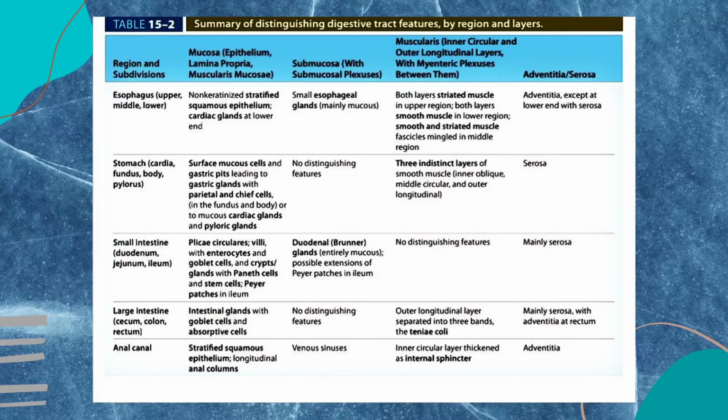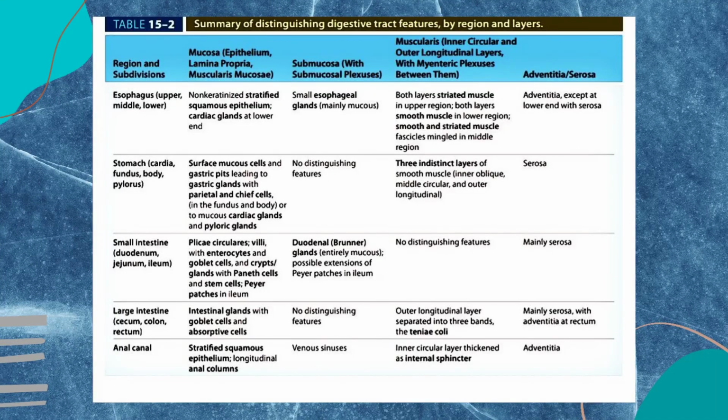The stomach has 3 distinct layers of smooth muscle that we mentioned earlier: the inner oblique, middle circular, and outer longitudinal. The small intestine has no distinguishing features. In the large intestine, we have what we call taenia coli. In the anal canal, we have the internal sphincter.